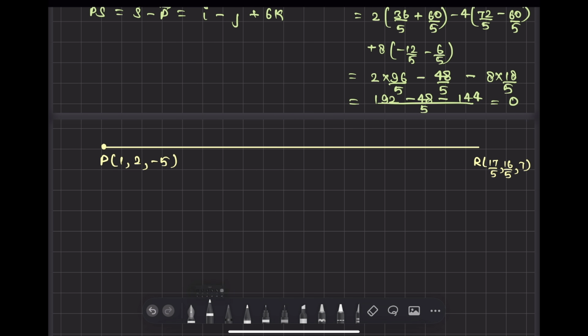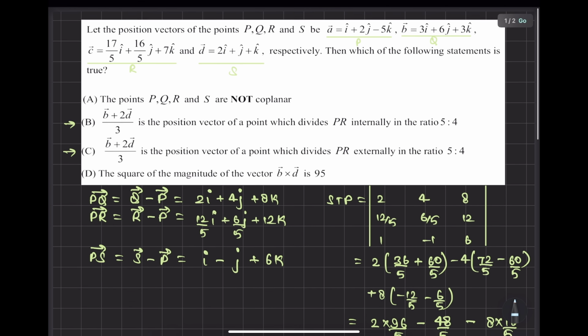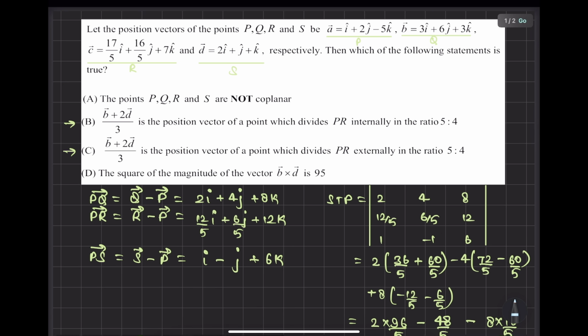Now there is a point, okay, suppose it is A. So this point is B plus 2D by 3. So B is 3i plus 6j plus 3k.